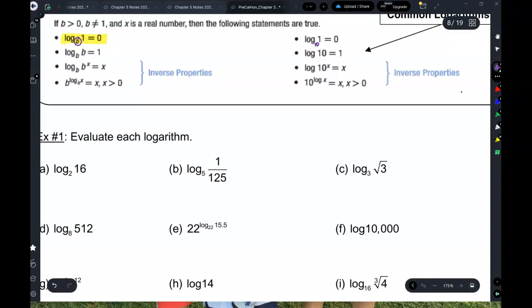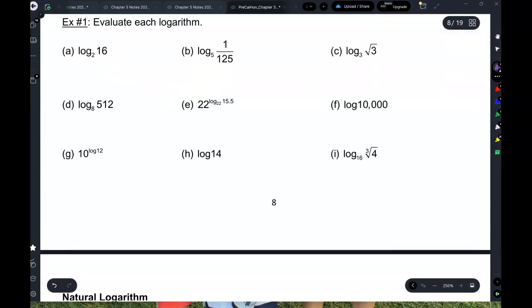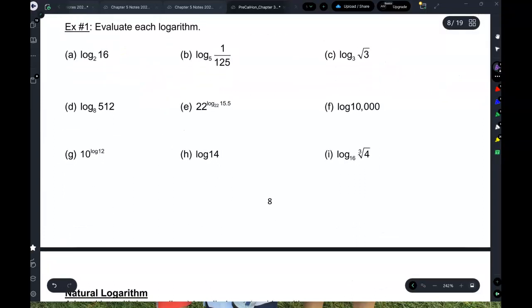So let's take a look at how we do these, knowing that. Here I have a base of 2, and I'm looking for the exponent of 2 that would give me a 16, and that would be 4, okay? Here, my base is 5, and I want an exponent that would give me 1 over 25.